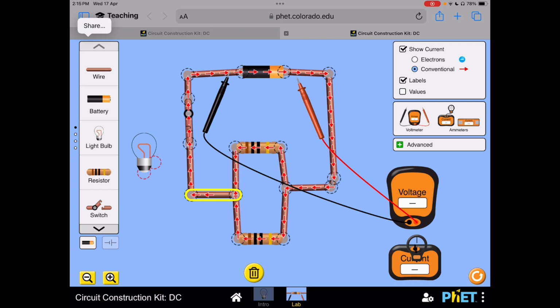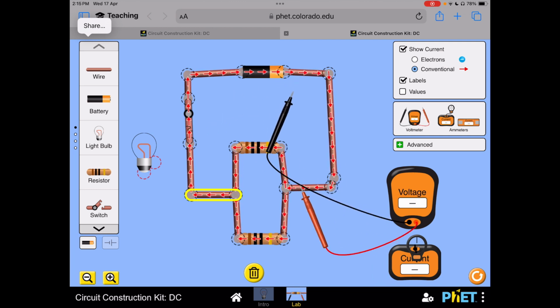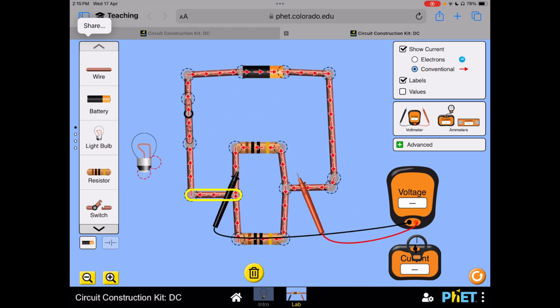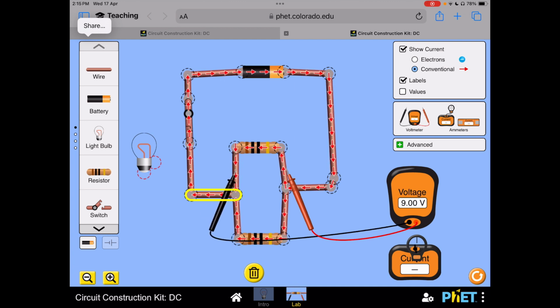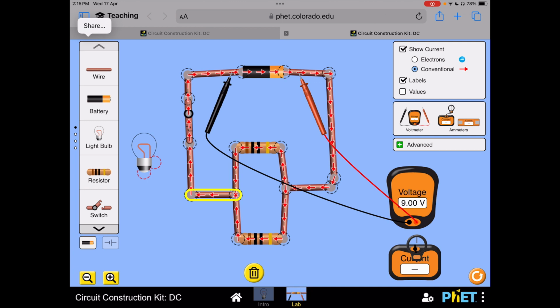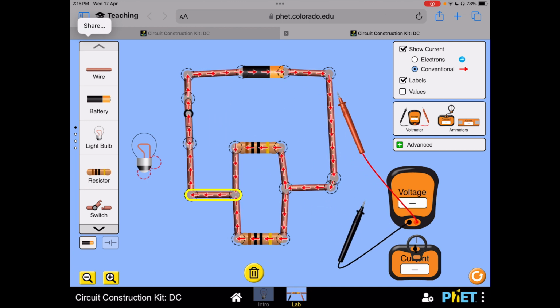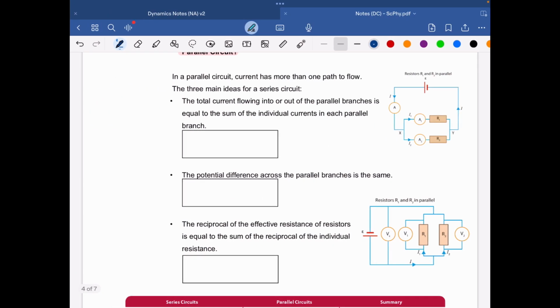So that's the unique point about a parallel circuit, whereby the potential difference, not at every point, but across the component, and the potential difference at the EMF is the same. What will this tell us about the resistance? Let's look at it.